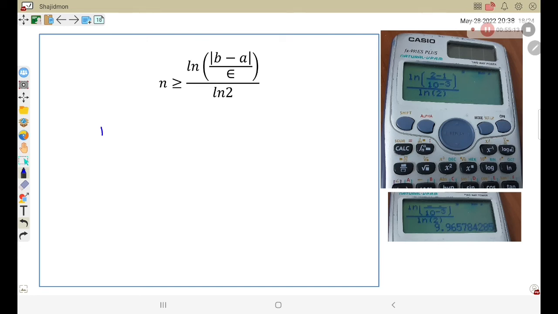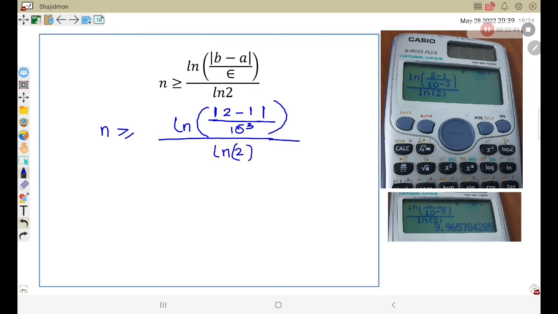So apply: n greater than or equal to ln of the absolute value of b minus a, where b is 2 and a is 1, divided by epsilon, which is 10 to the power minus 3 given in the question. Close this bracket, then divided by ln 2, that is the same.